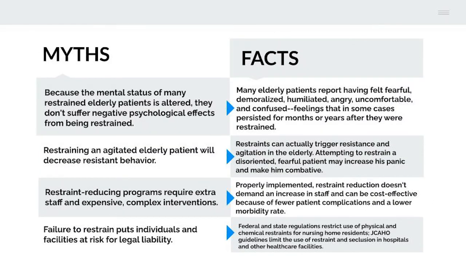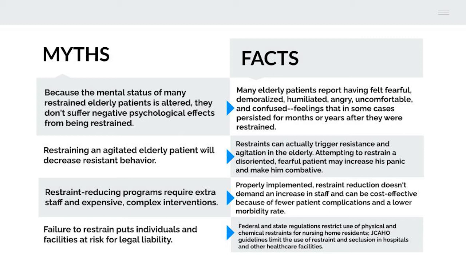Another myth is that because the mental status of many restrained elderly patients is altered, they don't suffer negative psychological effects from being restrained. However, many elderly patients report having felt fearful, demoralized, humiliated, angry, uncomfortable, and confused. And these feelings, in some cases, persisted for months or for years after they were actually restrained.